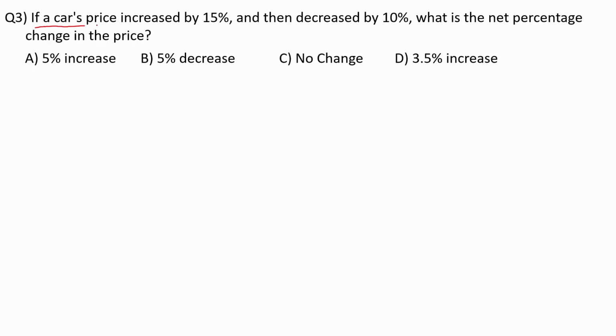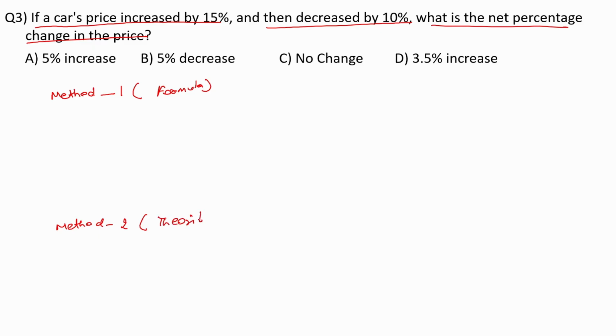If a car's price is increased by 15% and then decreased by 10%, what is the net percentage change in the price of the car? So obviously method 1 is going to be formula based, and method 2 is going to be theoretical. So look at method 1, guys. Here the value of A is plus 15% and the value of B is minus 10%.